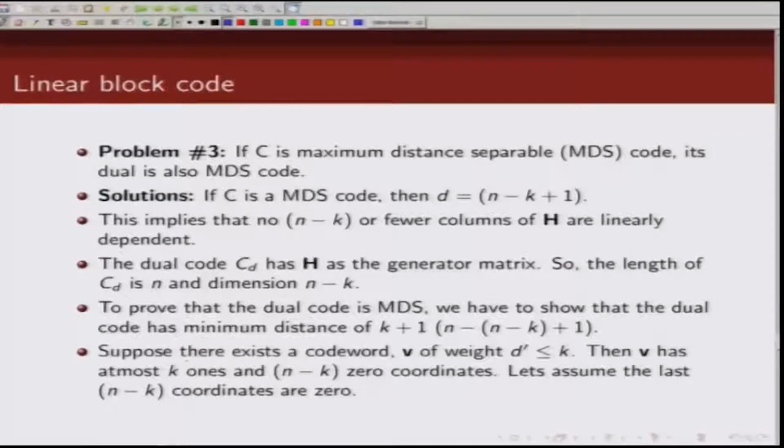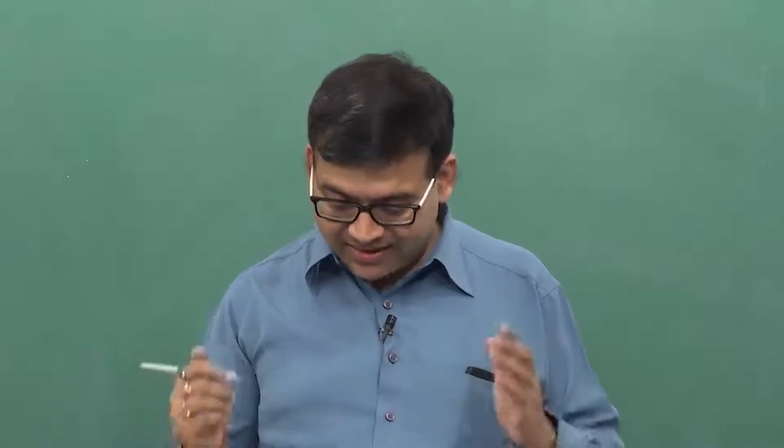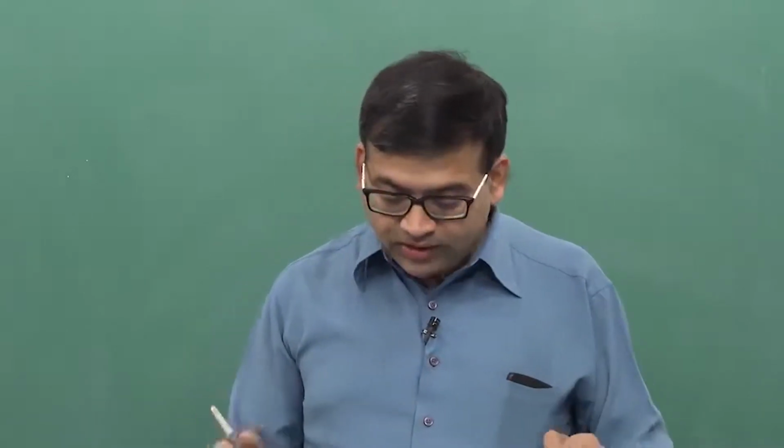As we said in the method of contradiction, we will first assume that there exists a code word of weight less than k plus 1. So, we assume that there exists a code word v of weight d prime, which is less than or equal to k. Now, if there exists a code word of weight less than or equal to k, what does it mean?